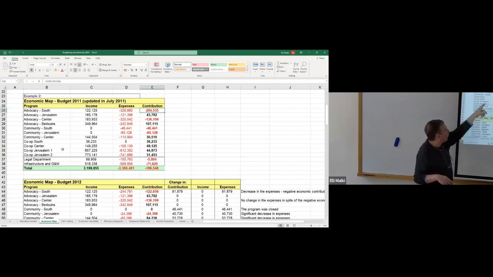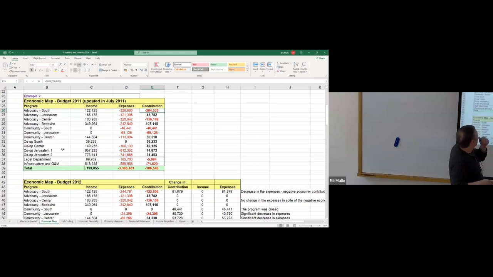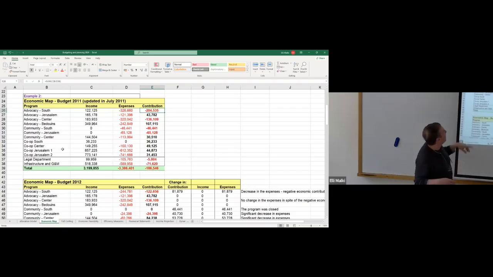The organization wants to raise income for them but hasn't succeeded yet, but they are still in place. And there is also this program, which has no expenses because it was closed already in 2011, and there is a kind of residual income from the previous period, which is left.